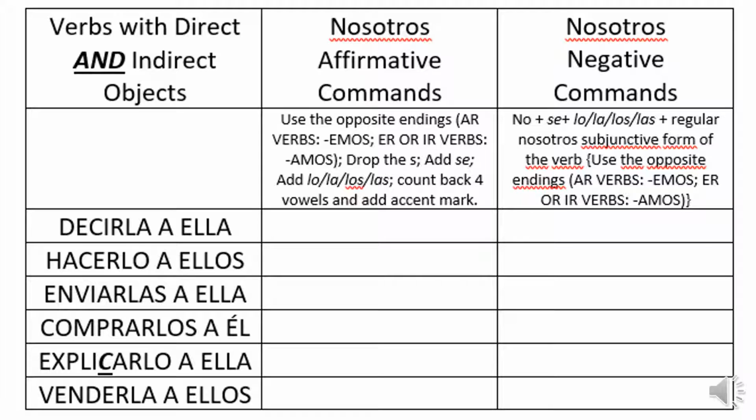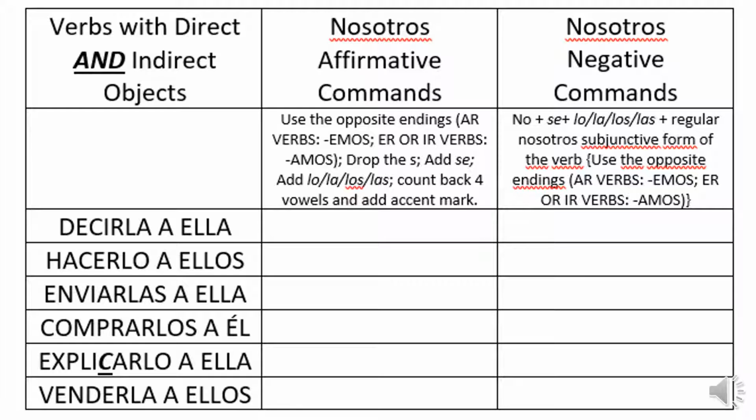Instead of le or les, like we looked at before with the indirect objects, when we have indirect and direct together in the same word, we're going to replace le or les with se. So, opposite endings, drop the S, add se, and then add your direct object pronoun, so lo, la, los, or las. And this time we're going to count back 4 vowels and add an accent mark.